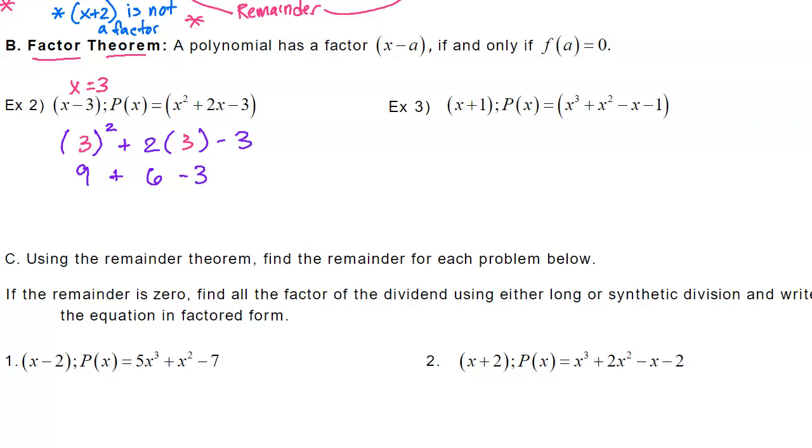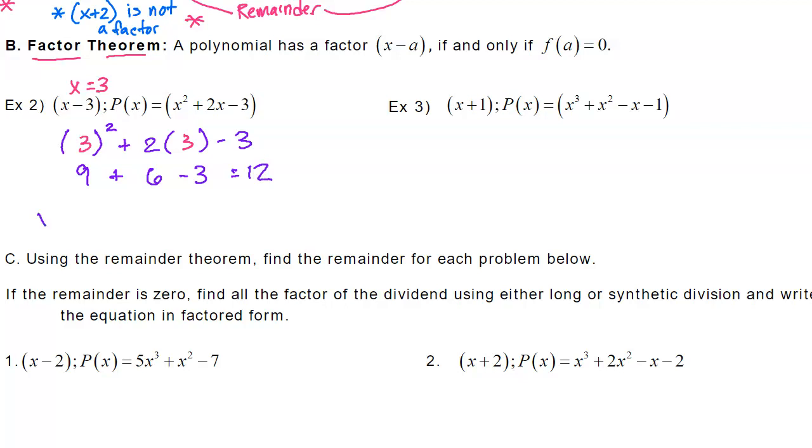So what does this end up equaling? Yes, exactly. It equals 12.